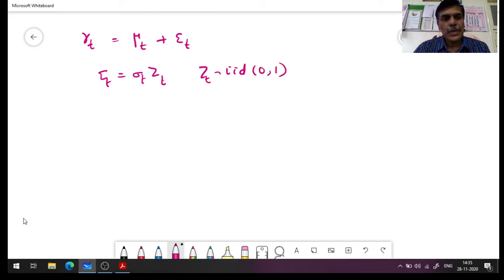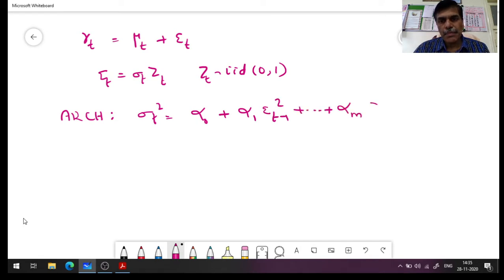Now, the difference is that the specification in the case of ARCH is sigma_t square equals alpha naught plus alpha_1 epsilon_{t-1} square plus etc., plus alpha_m epsilon_{t-m} square. So this is similar to an AR kind of model.